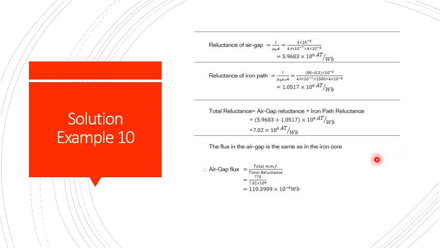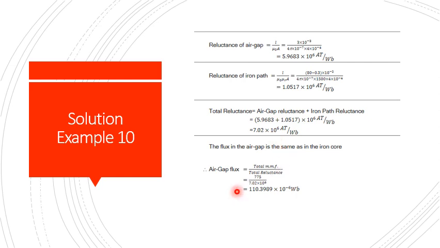Then we can use the reluctance for the air gap, equal to L divided by mu naught A. Then we get this reluctance for the air gap. Then the reluctance for the iron path. The total reluctance is the sum of the reluctance of the air gap and the iron path. This is the total reluctance.